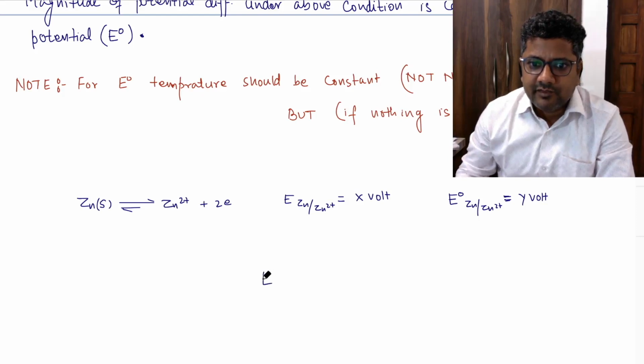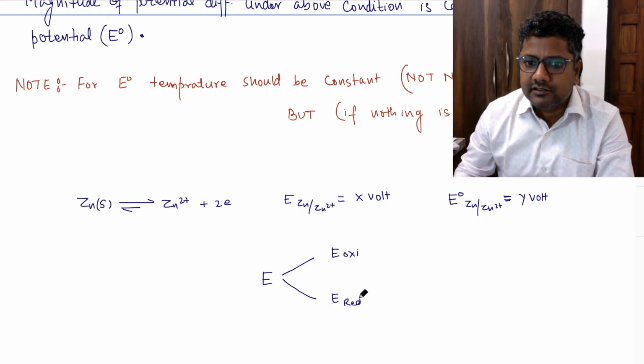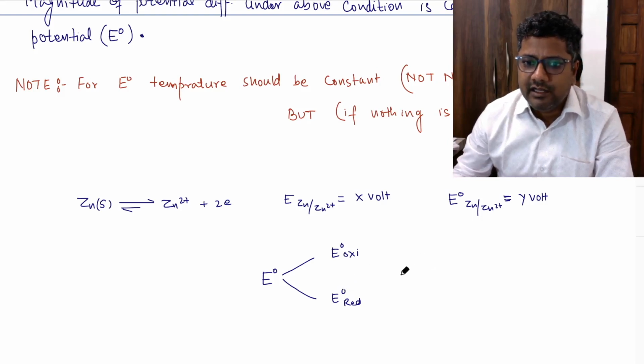Electrode potential is of two types: E oxidation and E reduction, or better, E naught oxidation and E naught reduction.